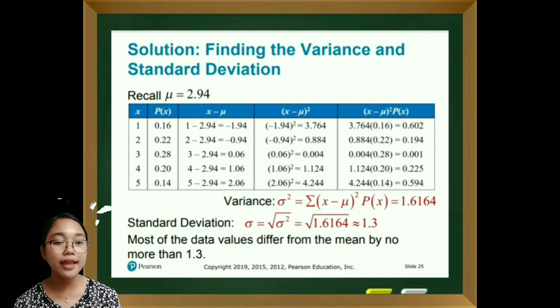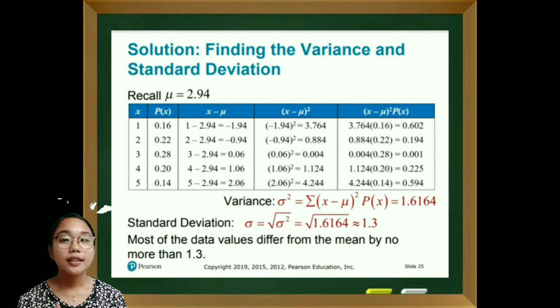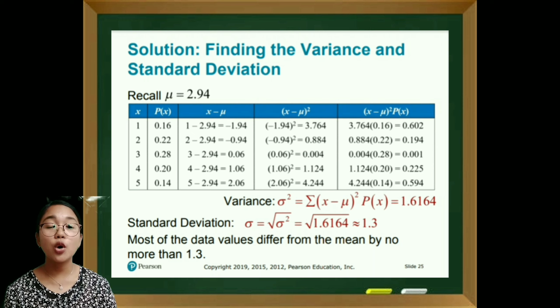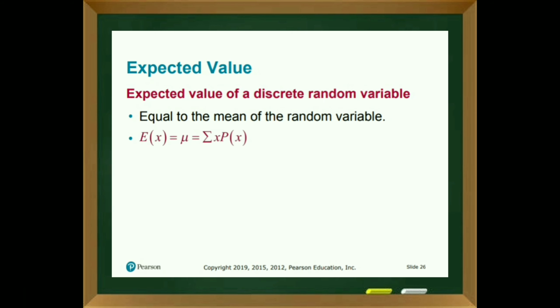And to get the standard deviation, we are just going to get the root of the variance, denoted by the lowercase sigma equal to the square root of 1.6164, approximately 1.3. Most of the data values differ from the mean by no more than 1.3.